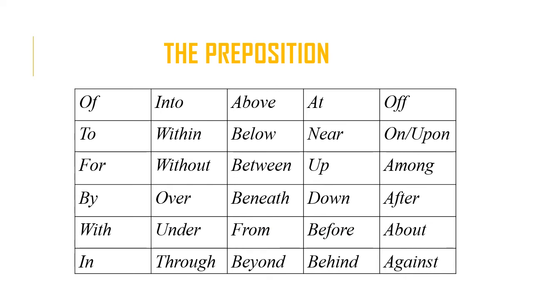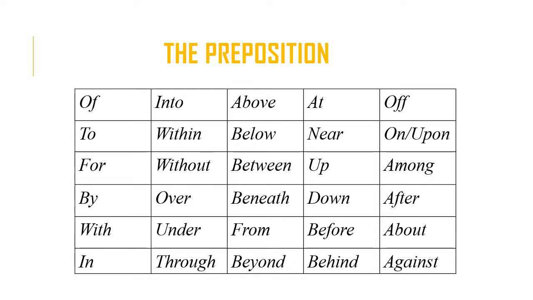All right, so in this chart, we have the most commonly used prepositions. I'll just read over them and then I'll define the meaning of some of them in the next slide.